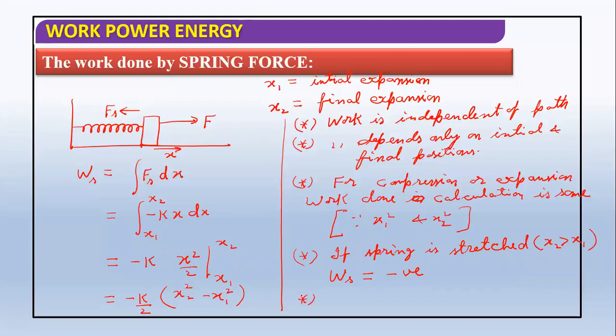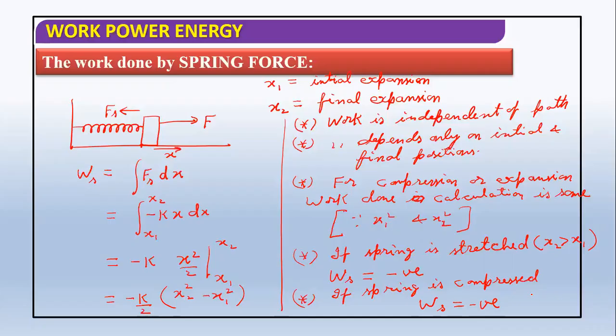Now, if a spring is compressed, initially you will have some negative value of x1, and now you will have a larger negative value of x. Finally you have to take a square, so it becomes positive. So in case of compression also, work done is negative. I am explaining it again.